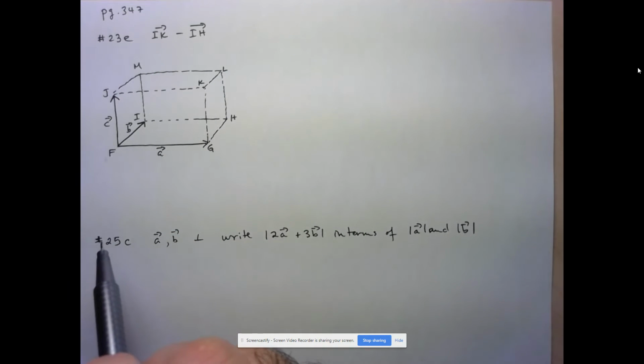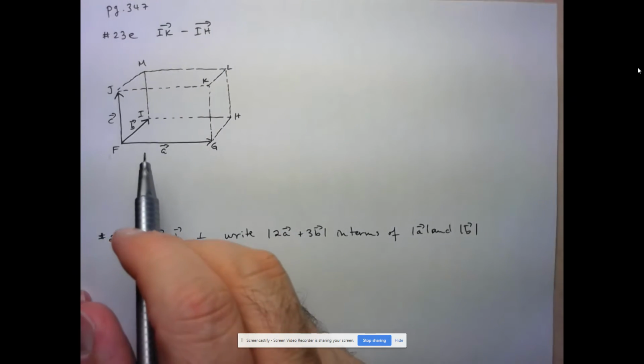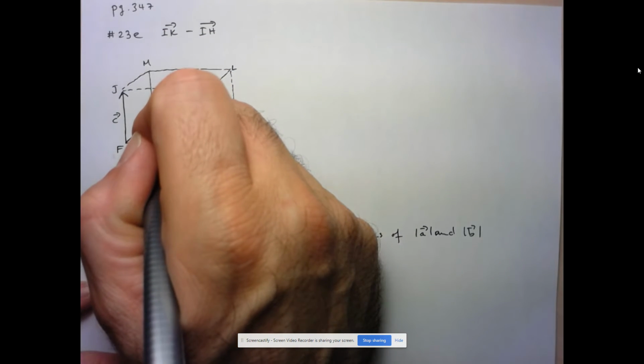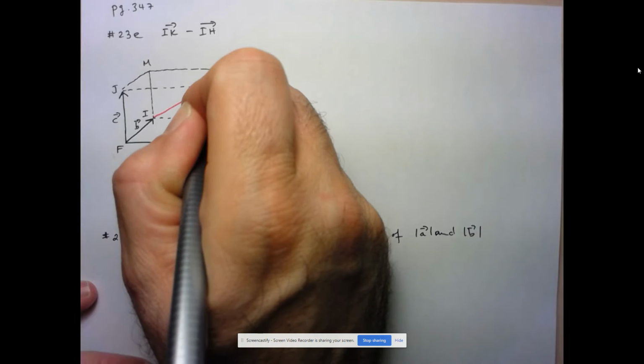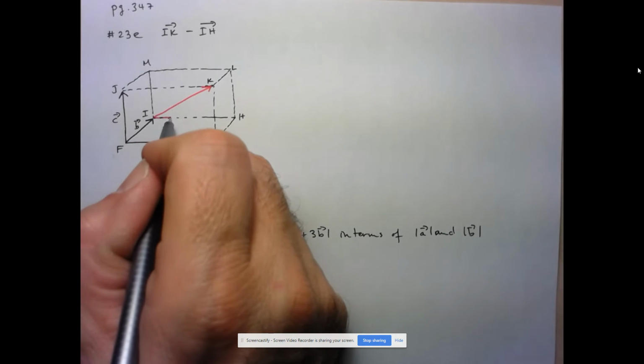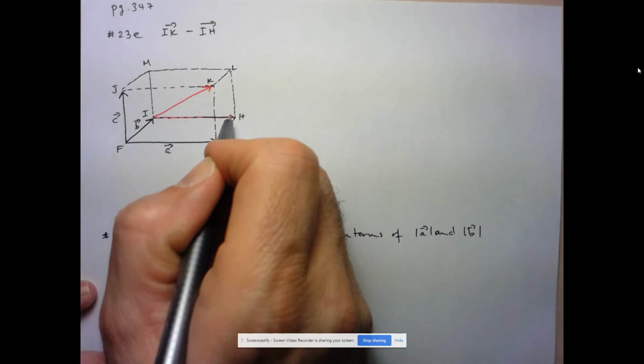So let's start by drawing these vectors as best as we can. The vector IK is just going to be this diagonal through the box, and IH is this vector along one of the edges.